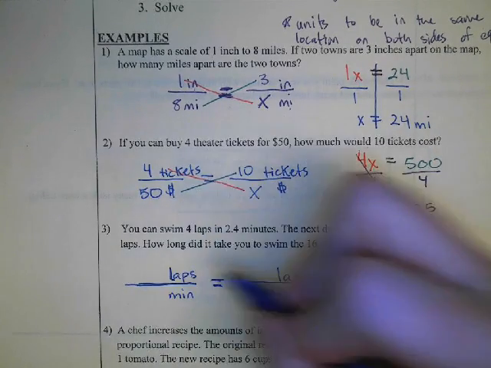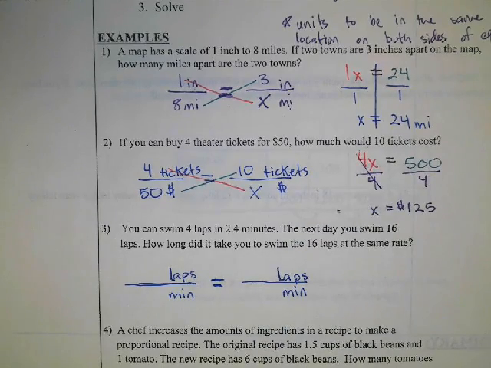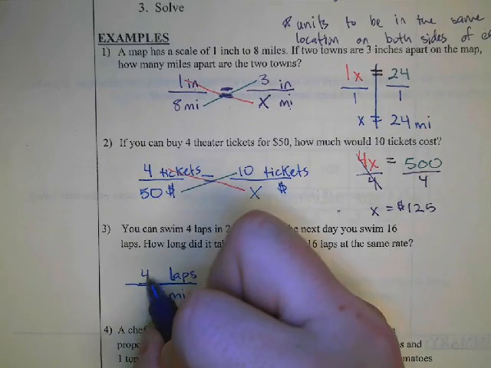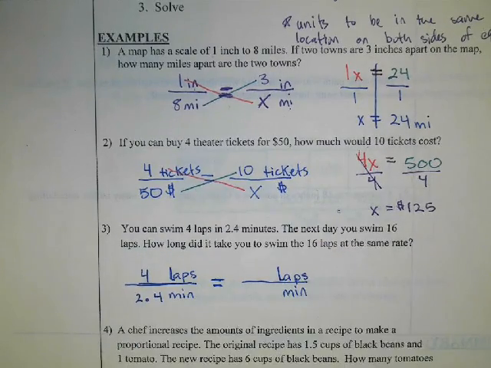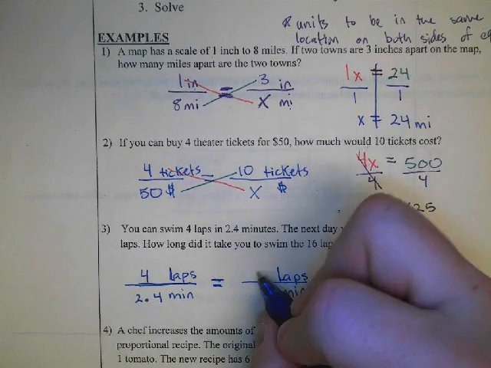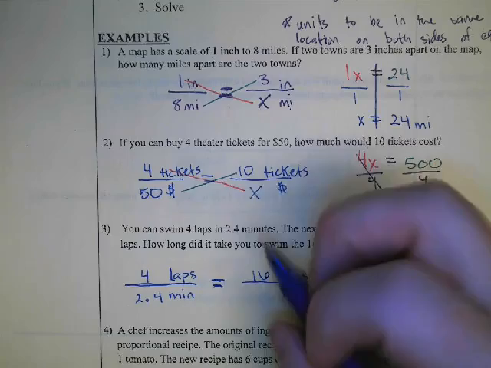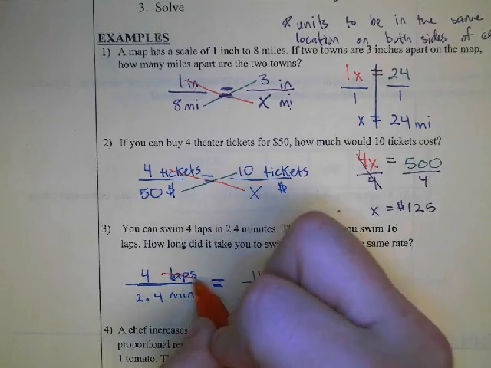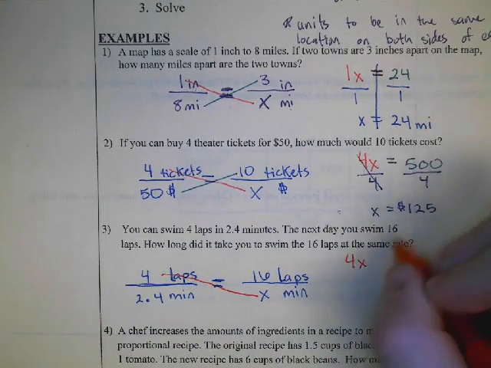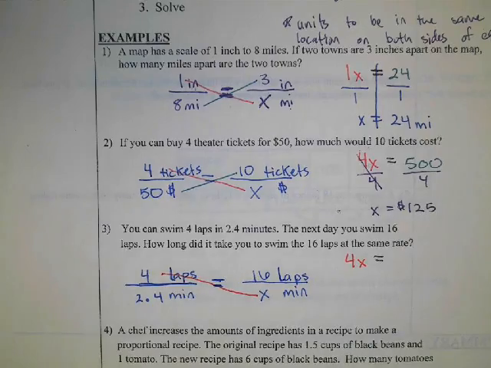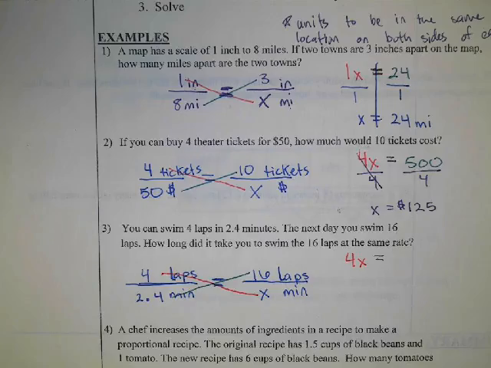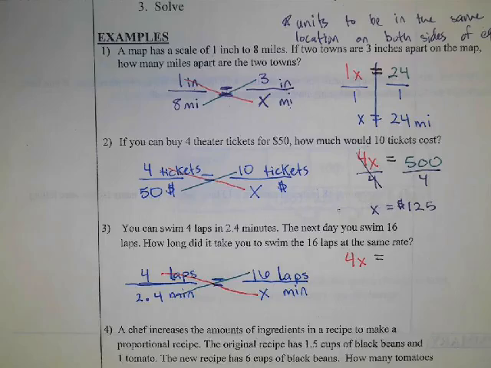Now let's fill in our values, our numbers. So 4 laps in 2.4 minutes. The next day you swim 16 laps. So I have 16 laps, and I don't know how long that took me, so that's where my x goes. So we'll cross multiply. 4 times x is 4x, and that will be equal to 16 times 2.4, which is equal to 38.4.